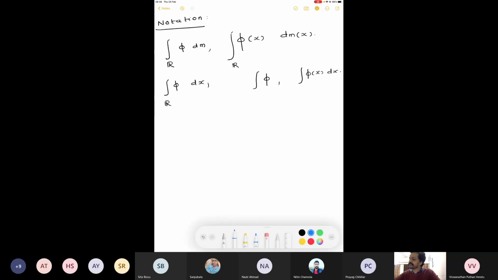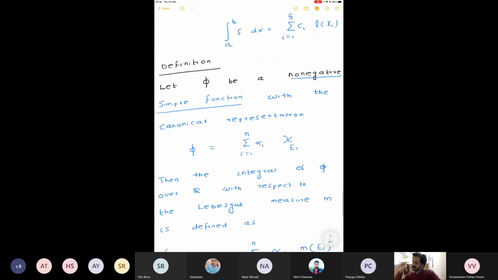Now let me say a few words about this definition. First thing, why do you want non-negative? Can you guess why we asked for non-negative? Because the area is positive. If we take negative, then it will be minus. No, I am not talking about area or anything here.